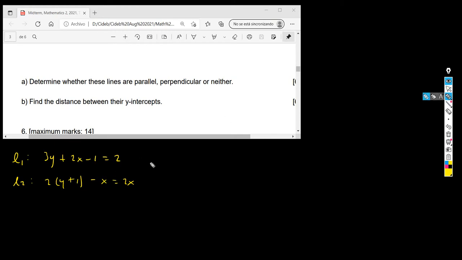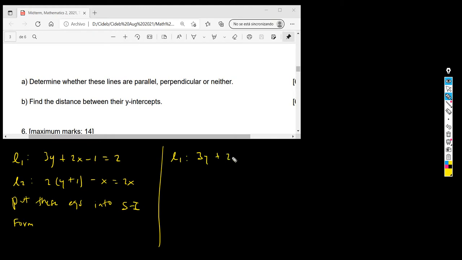What I want to do is put these two equations into slope-intercept form, which I'm about to do right now. So let's do it. Once again, I'm just going to be quiet and do the algebra for you.